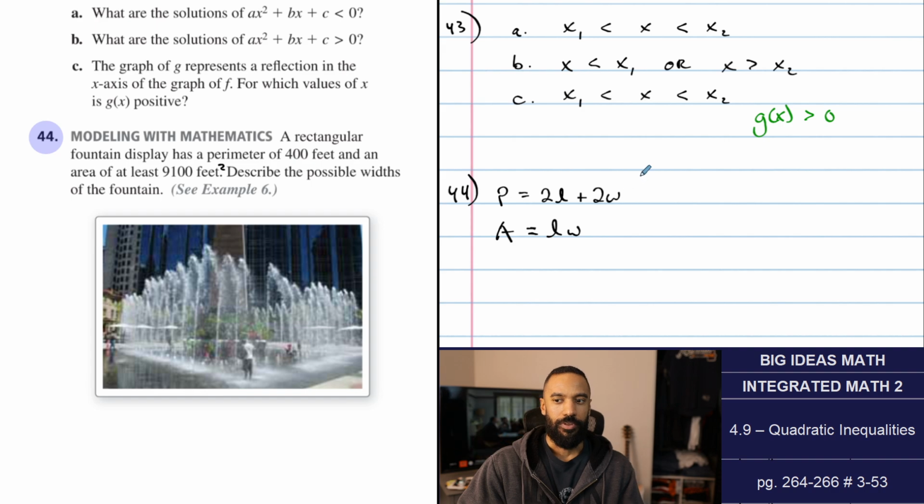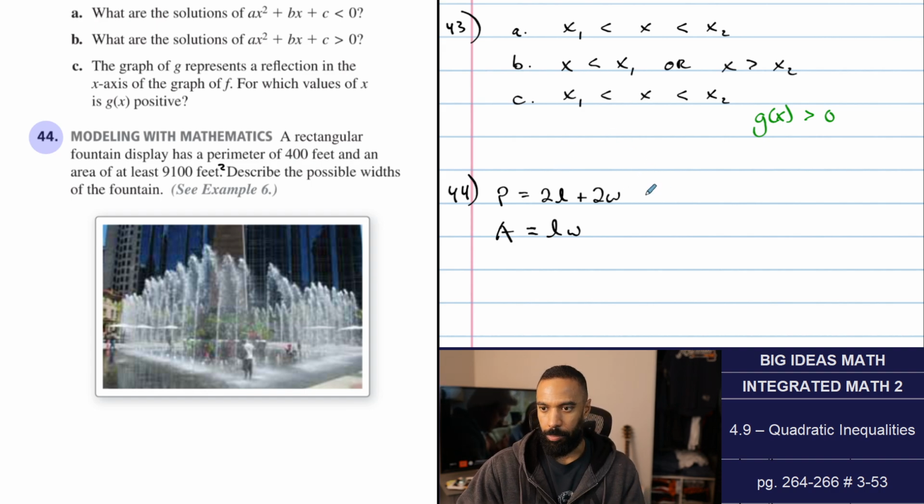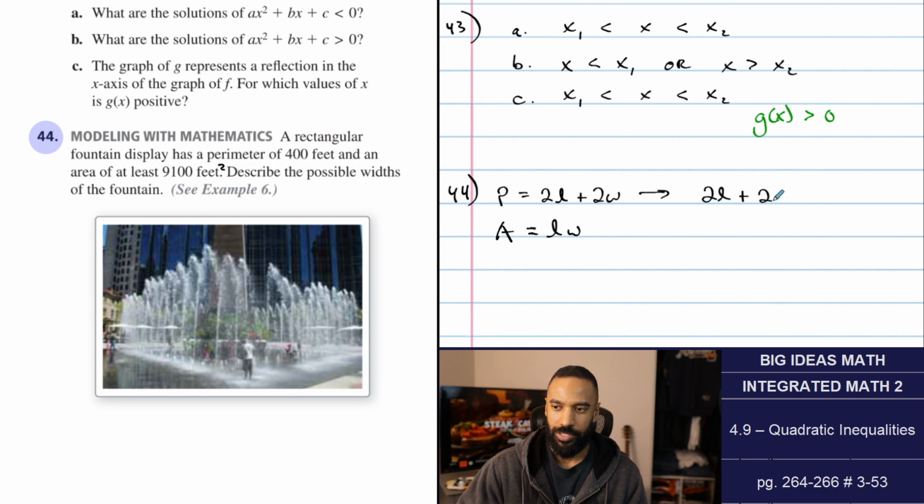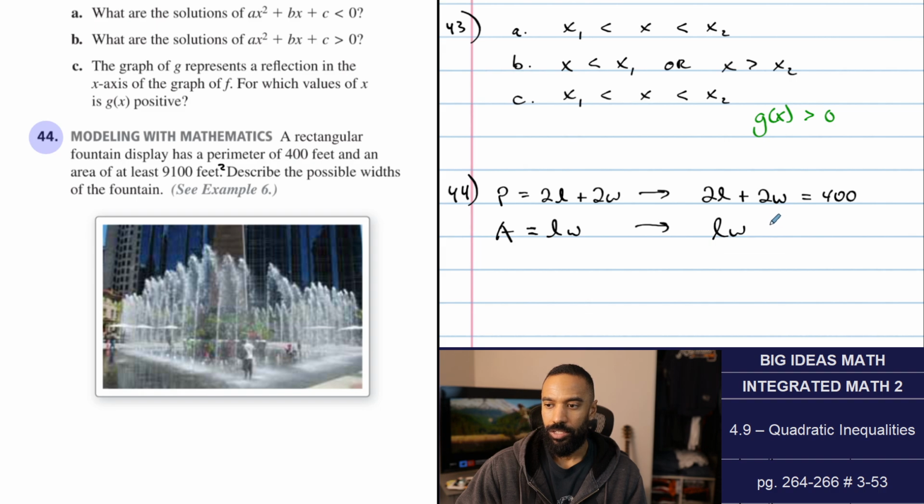Now, for the sake of this problem, our perimeter needs to be 400 feet exactly. 2 lengths plus 2 widths must be 400. The area must be at least, so greater than or equal to, 9,100 square feet.